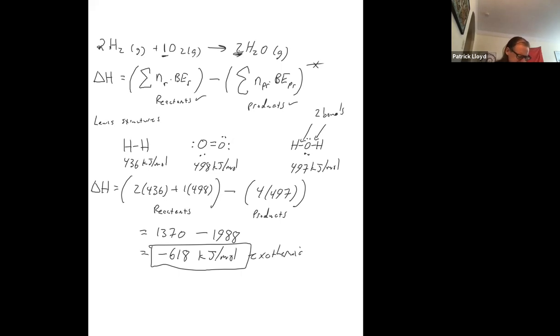It seems like it should be around minus 400, but that seems to be the way it works out. So we'll go with that value, minus 618. There you go. Sorry for the mistake about doing products minus reactants. Remember, for bond enthalpy calculations, do reactants minus products.